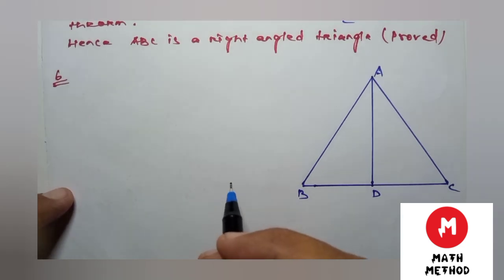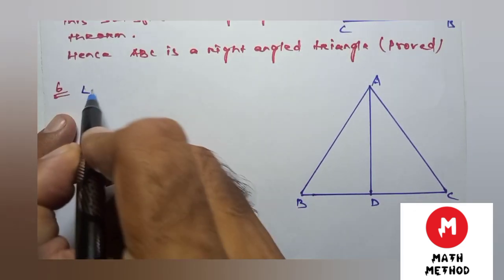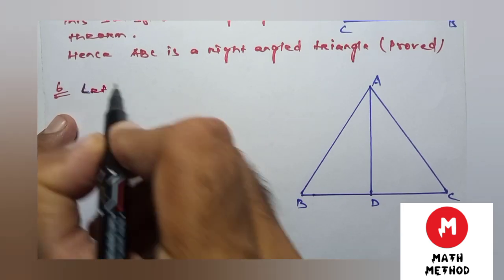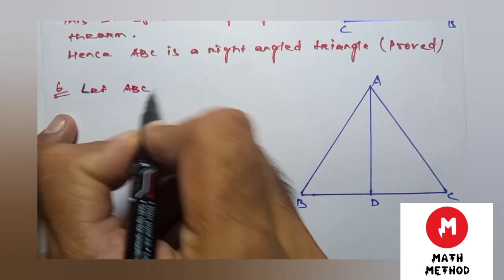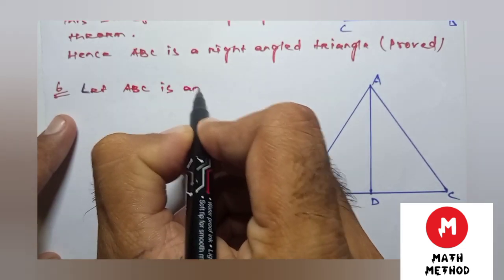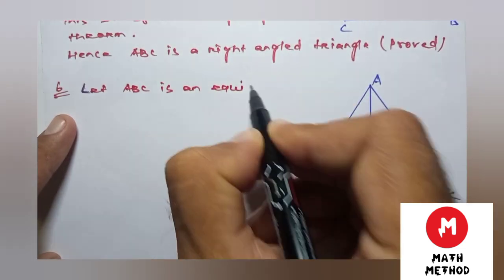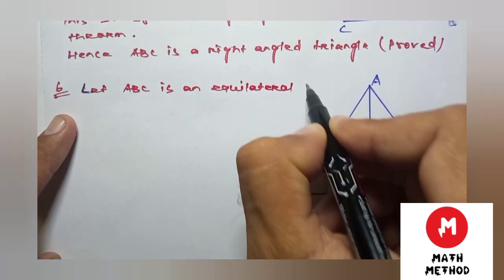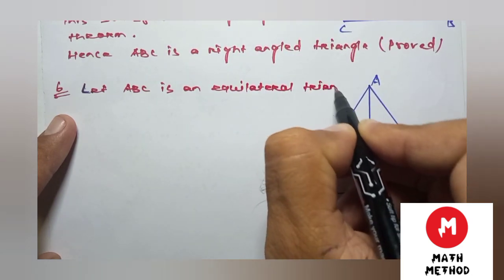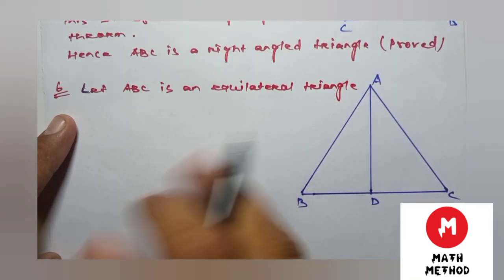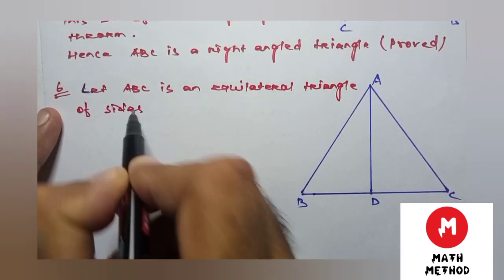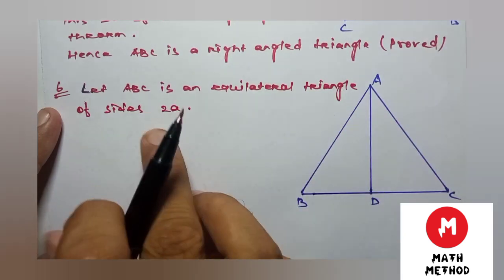It is given that ABC is an equilateral triangle whose sides are 2A each.